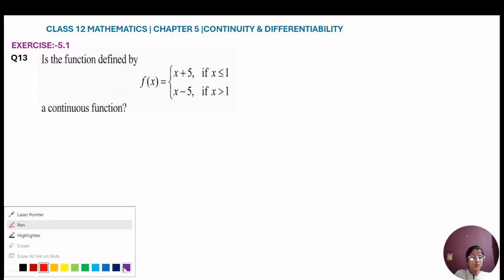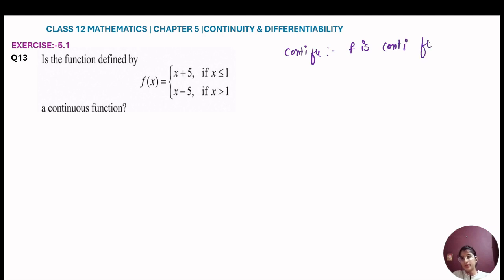So what do we have to do in this question? Here also we are asking the same thing, but the language is changed. Here it says the function defined is a continuous function. And what is the definition of a continuous function?